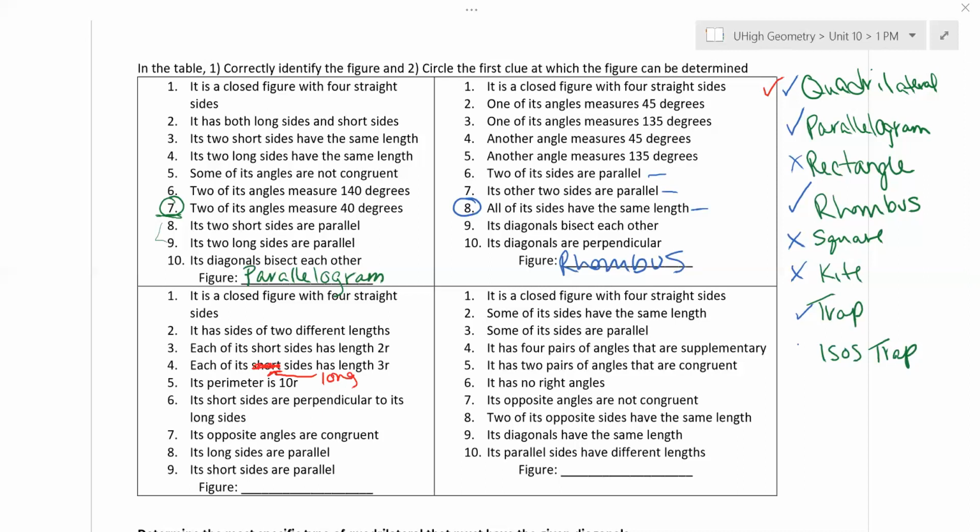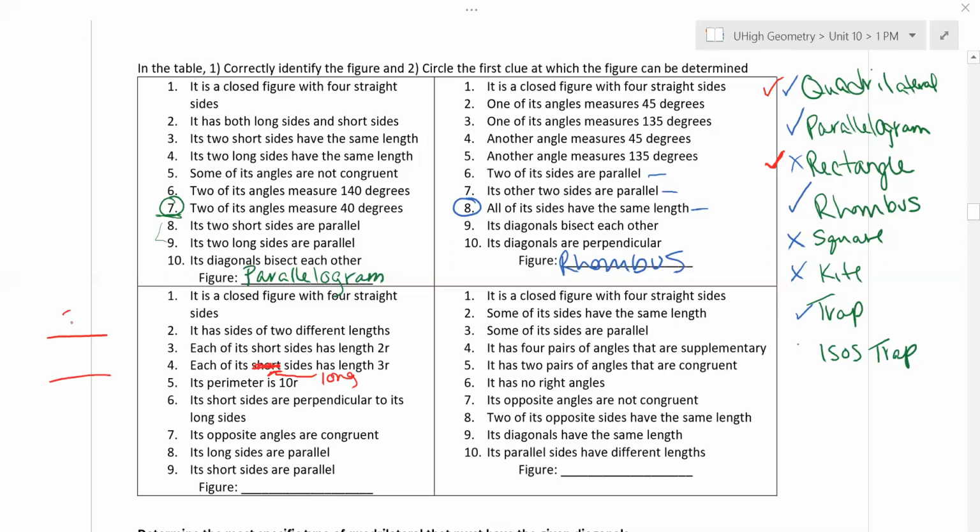Its short sides are perpendicular to its long sides. Ooh, so this one does tell me a little bit more. If I'm perpendicular, I would have a rectangle, right? If I have two short sides and 2 long sides, which would make my perimeter 10r, and my short sides are perpendicular to my long sides, I'm going to kind of draw an image off to the side here.